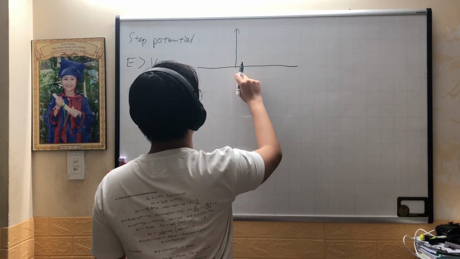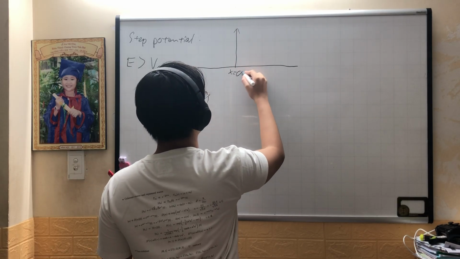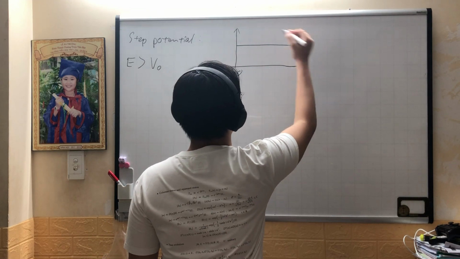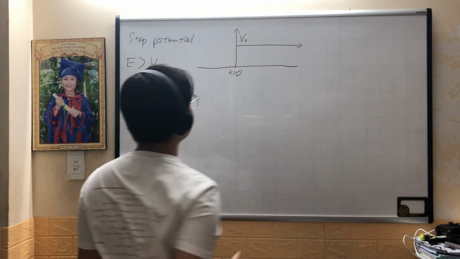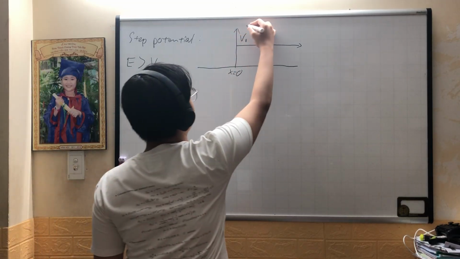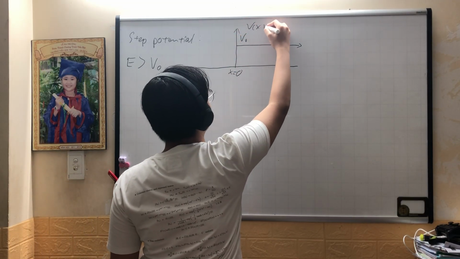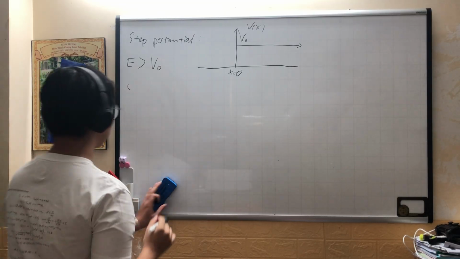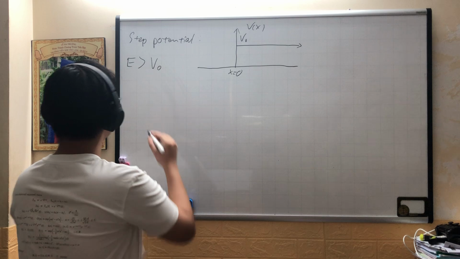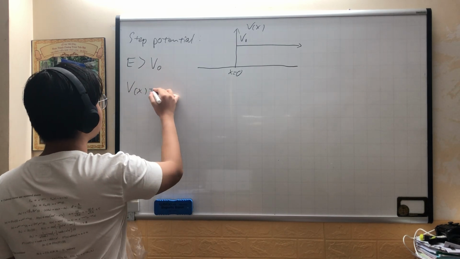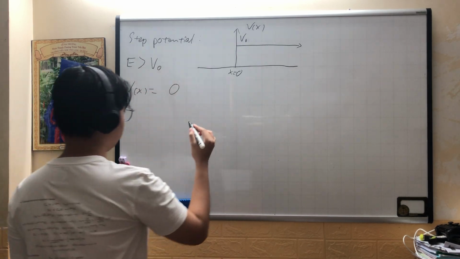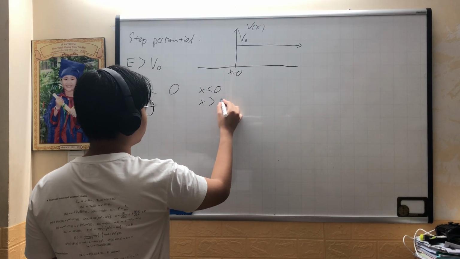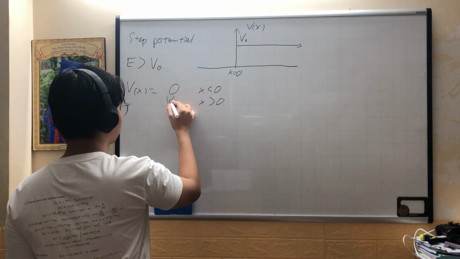So at x equals 0, it's gonna take a step and jump up to V naught, meaning that your potential V of x is 0 when your x is less than 0, and when your x is greater than 0, it is equal to V naught.